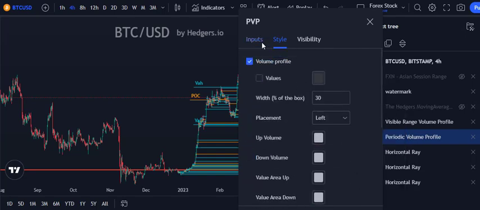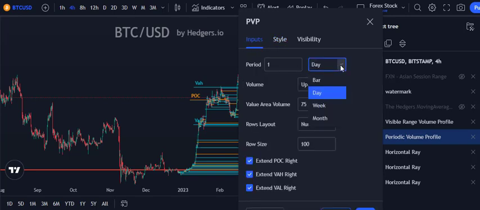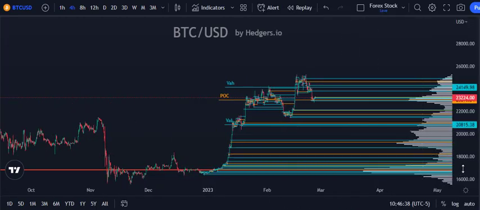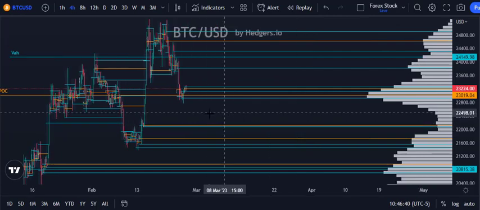This is how you customize it and how you use it for daily, weekly, and monthly to find the daily naked point of control, weekly naked point of control, and monthly naked point of control. If you are looking for the point of control and you cannot afford the EXO software for the volume profile analysis, this is how you use the periodic volume profile, PVP. And that's available in TradingView for you.